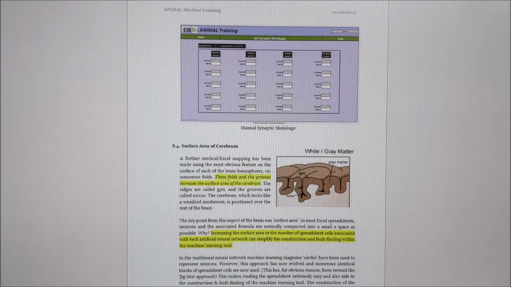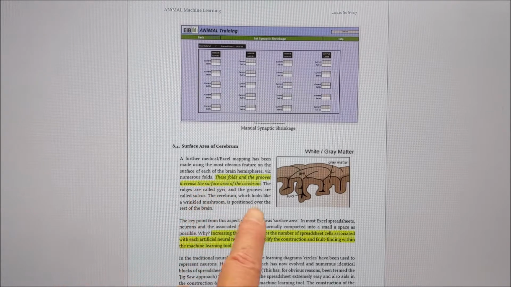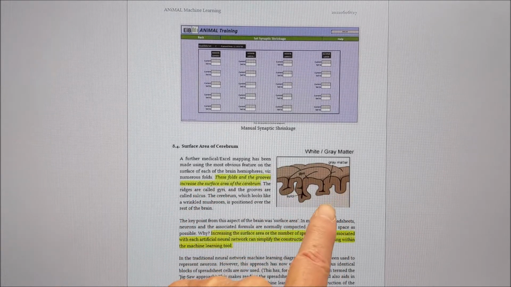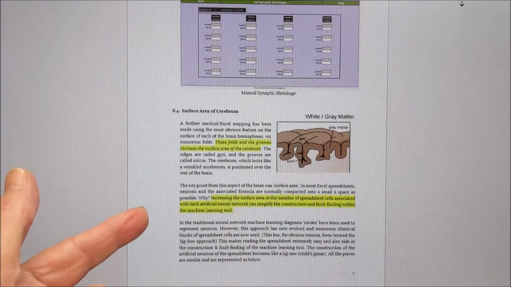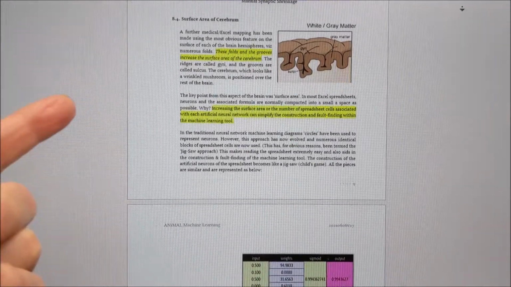Right, what else did we learn? Well, the surface area of the cerebrum is significant. The brain goes to great lengths to make the surface area much larger. Don't quite understand particularly why, but we copied it.